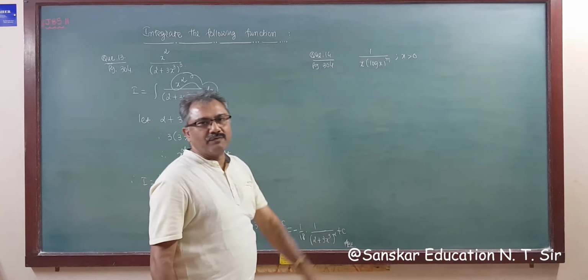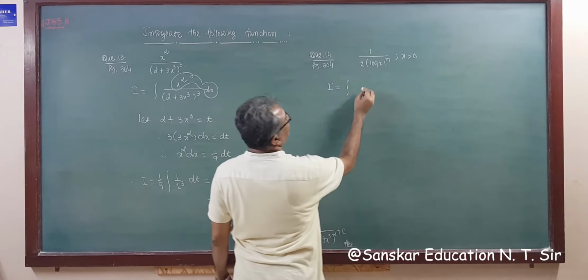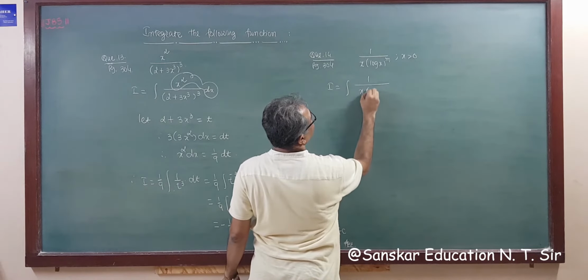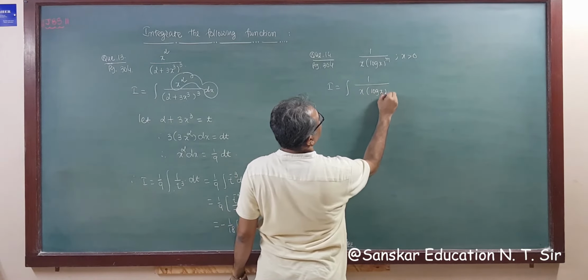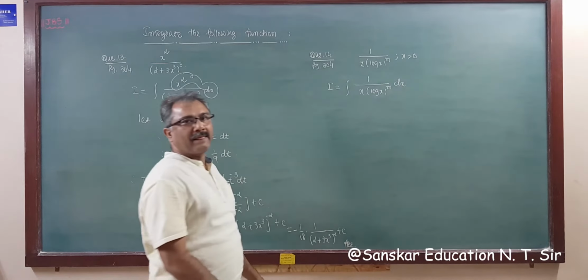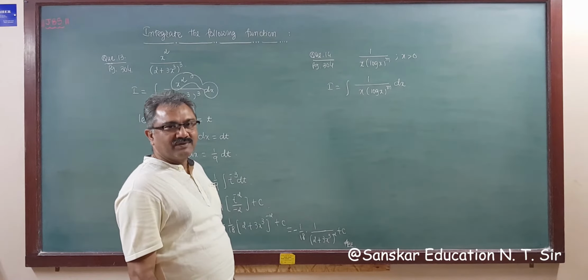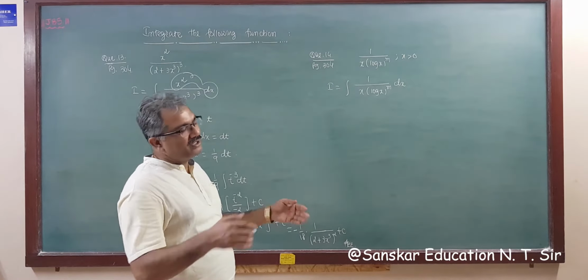Now question number 14. I is equal to integration of 1 upon x (log x) raised to m dx. If you have no idea what to do, then leave it.